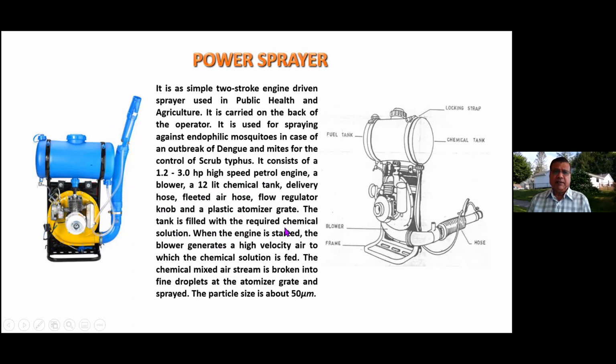The tank is filled with the required chemical. When the engine is started, the blower generates a high velocity air into the chemical solution, which is fed into the nozzle. The chemical mixed air stream is broken into fine droplets by the atomizer grate and spray. The particle size is about 50 microns, so it is slightly higher than the thermal fog.